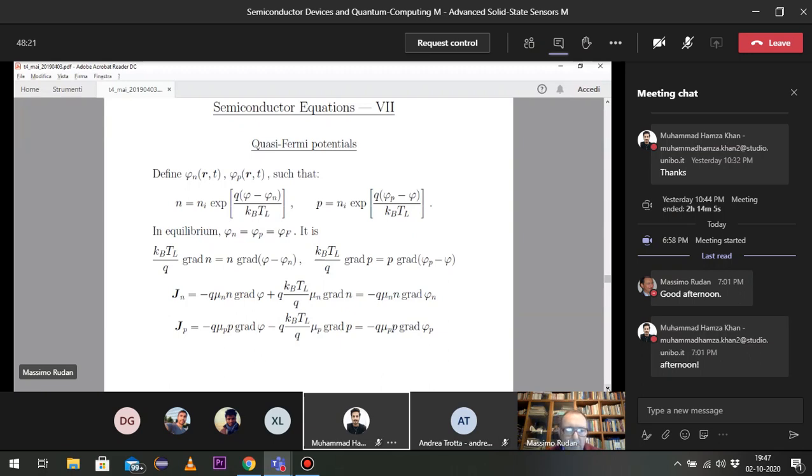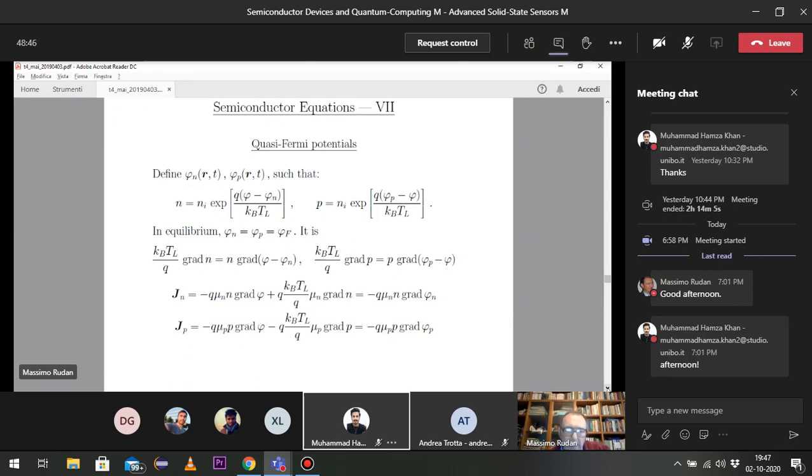The two auxiliary functions are new auxiliary unknowns that apply in the general case of the model, okay? And they have the property that in the equilibrium condition, they reduce to a constant, and this constant is the Fermi potential, okay?